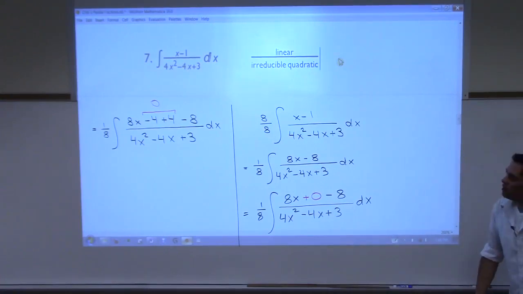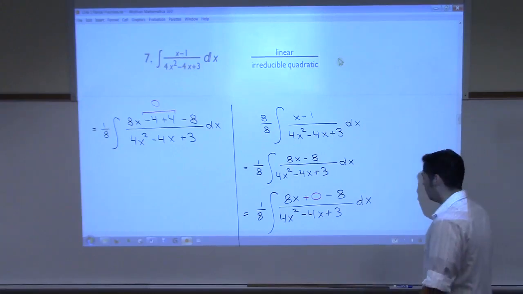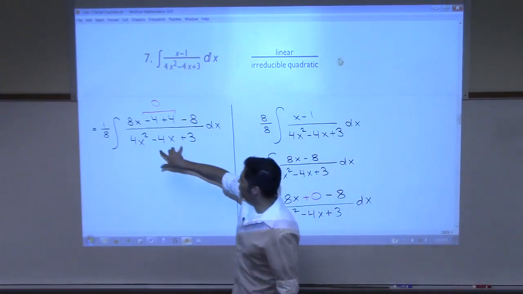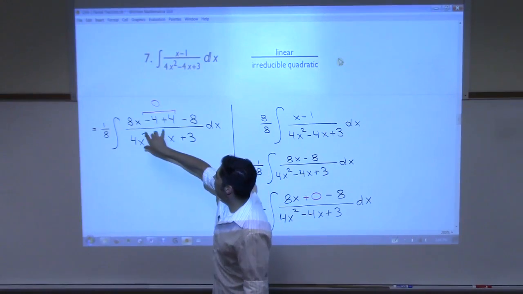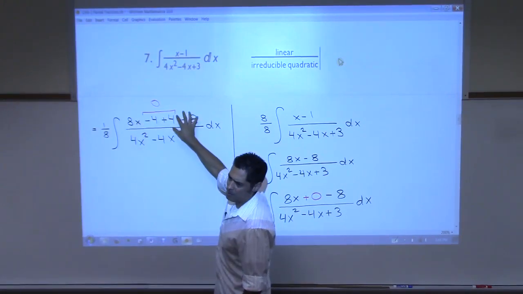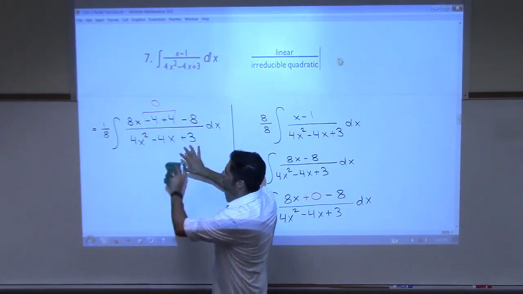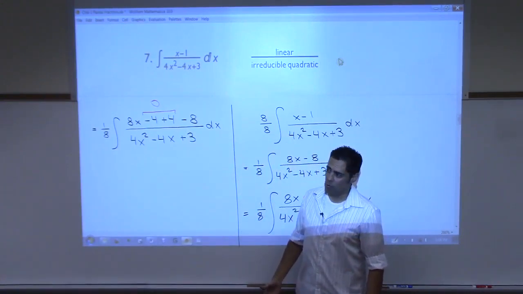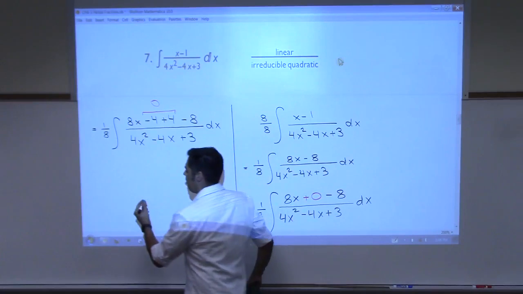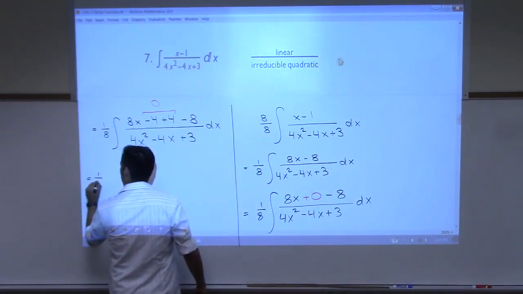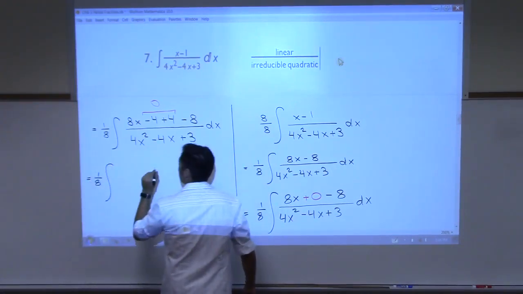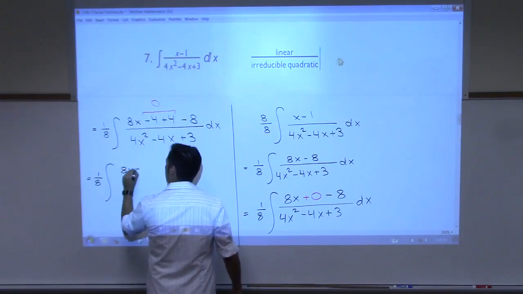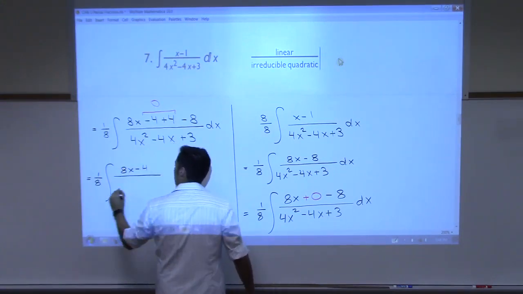Now, why would I do that? Because now you can do du minus 4. If I let u be this, the derivative of it is right there, but I've got this other stuff here now, right? Why don't we just split this into two integrals? So let me do that. This will be 1/8 times the integral, and for my first one I'm going to do 8x minus 4 over the denominator.